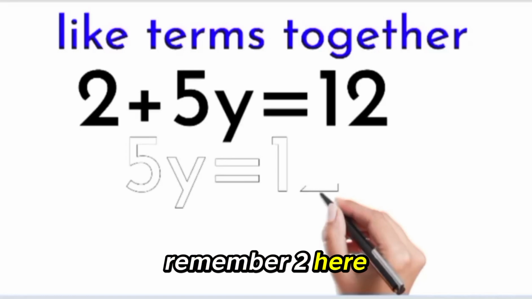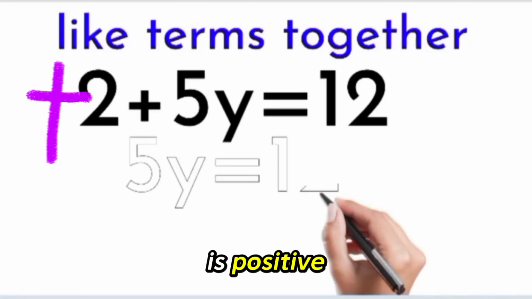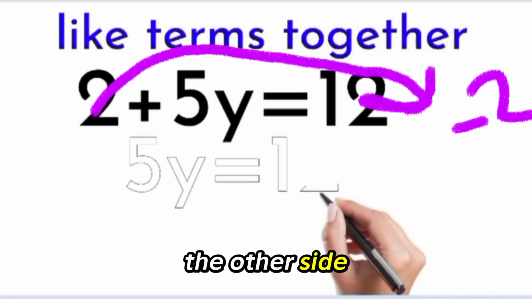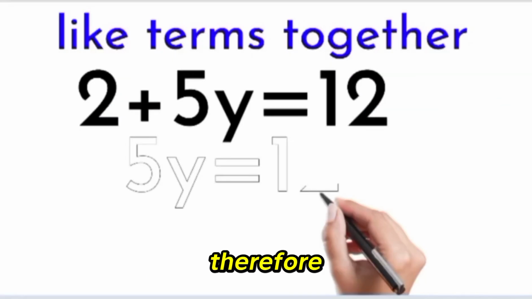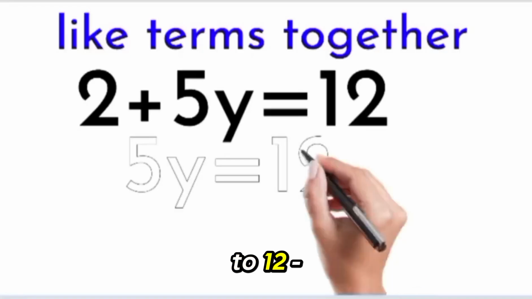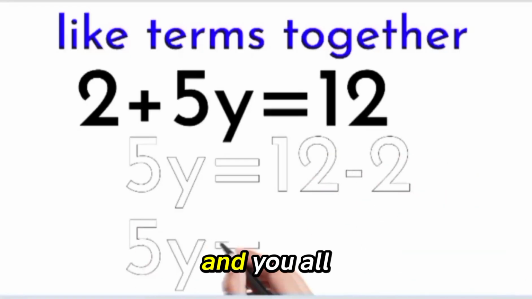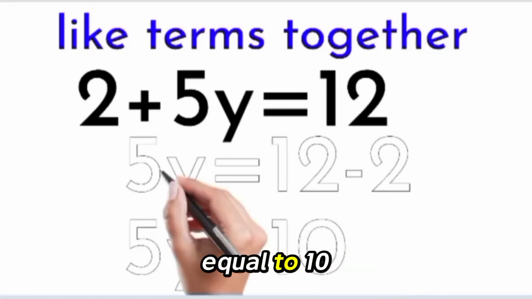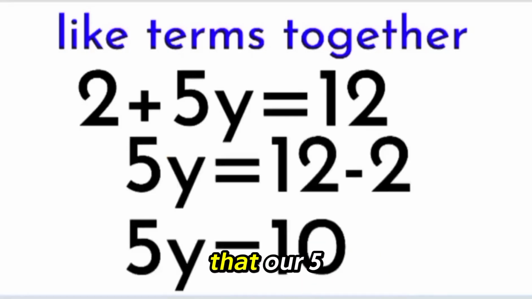Remember, 2 here is positive. When we take it to the other side, it becomes negative. Therefore, we have 5y equals 12 minus 2. And you all know what 12 minus 2 is, don't you? What is 12 minus 2? Good. Now we have 5y equal to 10. That's what we've got for now.